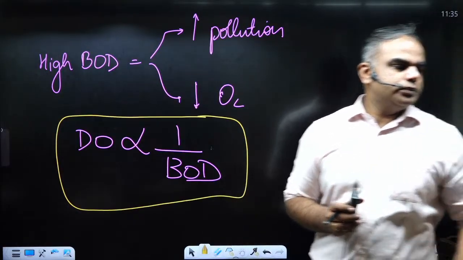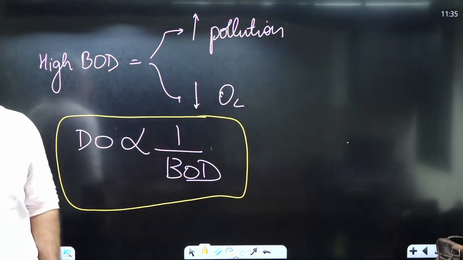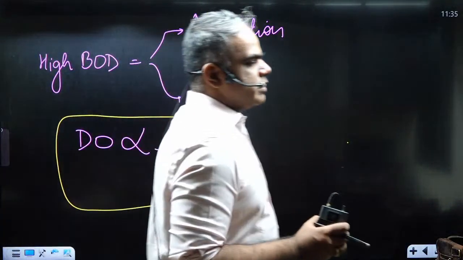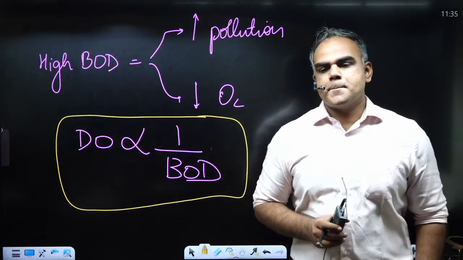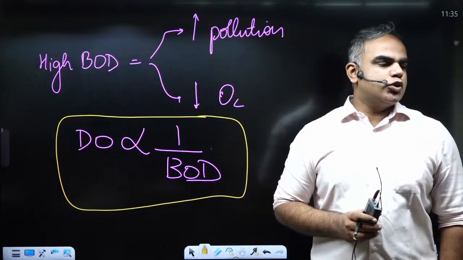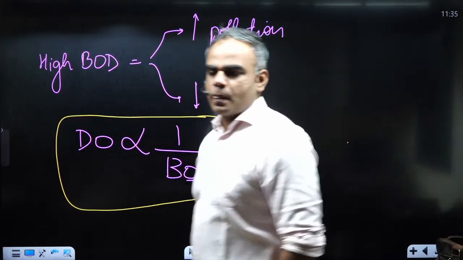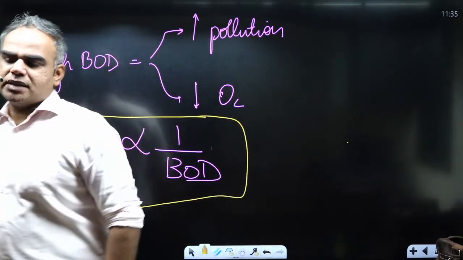Look, algal bloom. It is the rapid growth of algae. Algal bloom is the rapid growth of algae due to nutrient excess.